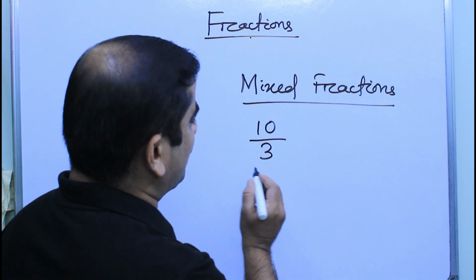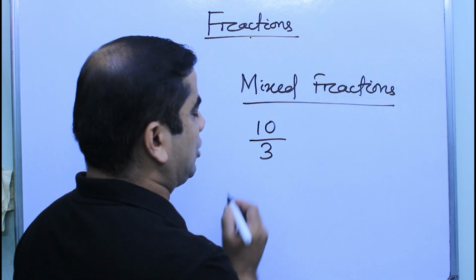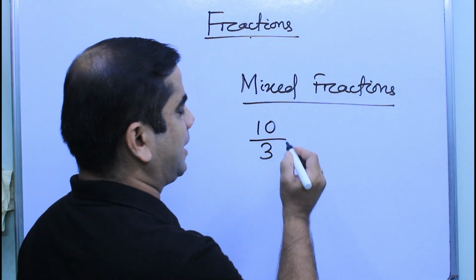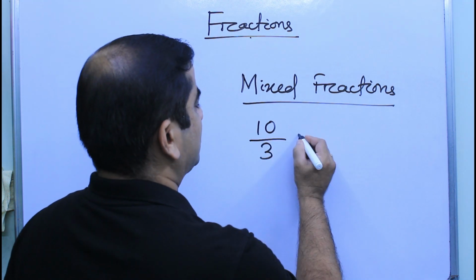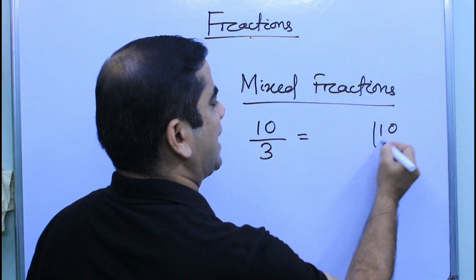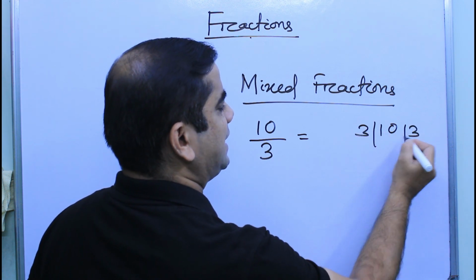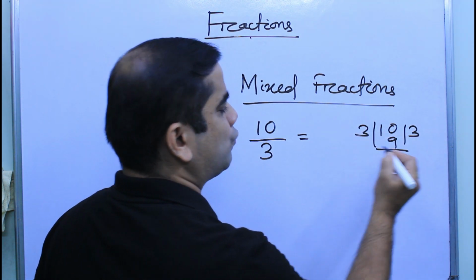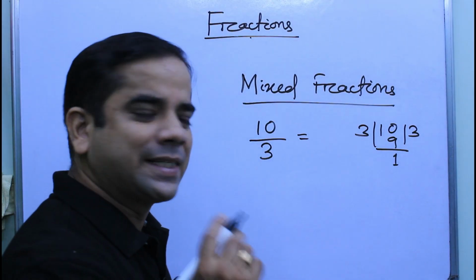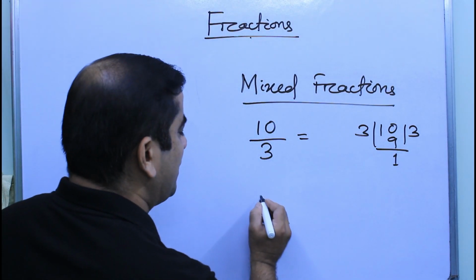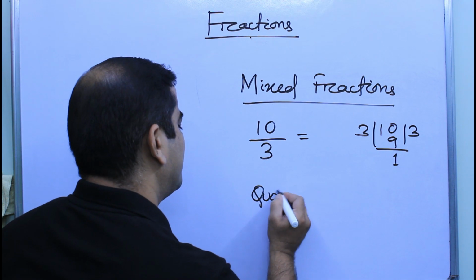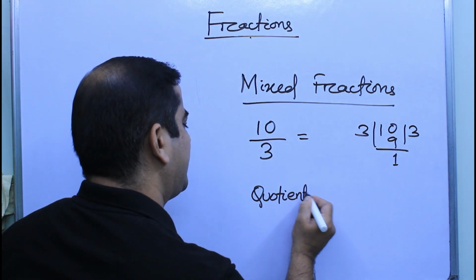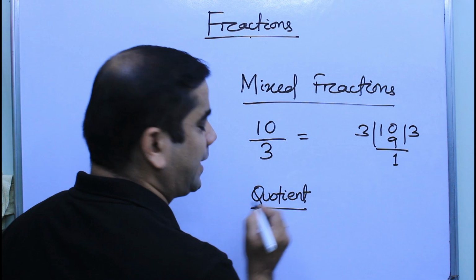Okay, to convert it into mixed fraction, what we need to do? We need to divide the numerator by the denominator. So 10 divided by 3, that is 3 3s are 9, remainder is 1. So students, just remember mixed fraction will be in the form of quotient, which is the whole number part.